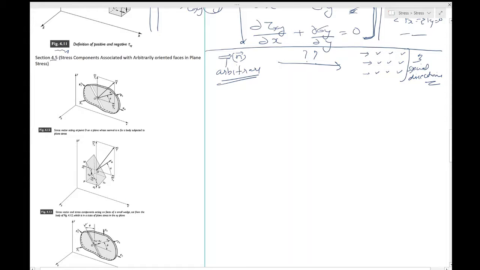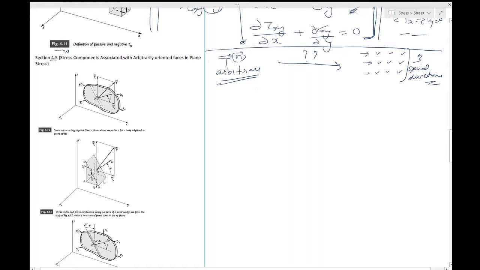So let's assume that we know the values of the stress components sigma x, sigma y and tau xy at some point in a body subjected to plane stress. For the sake of simplicity, we are not considering a three-dimensional case. We'll just take a plane stress condition.